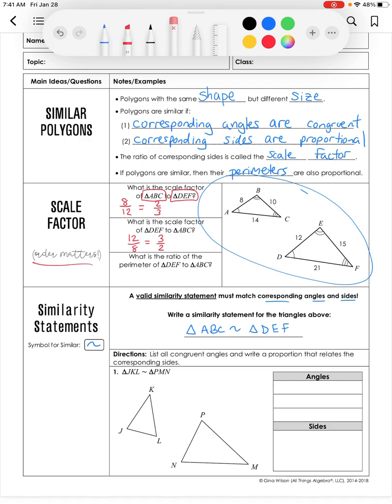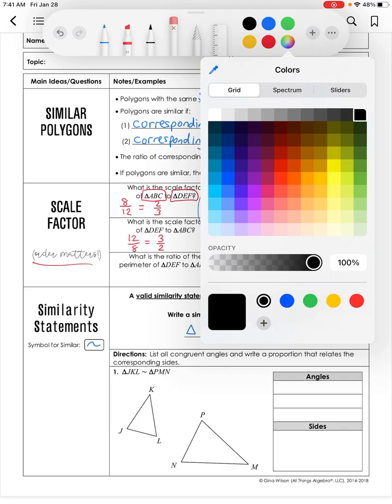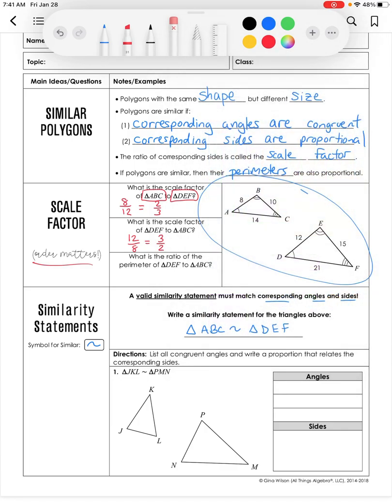Okay, next, you do number 1 here. We're going to list all the congruent angles and write a proportion that relates all the corresponding sides. So the angles, we would say angle, let's say maybe K, and then that would match up to angle M, because I see that K is in the middle and M is in the middle.